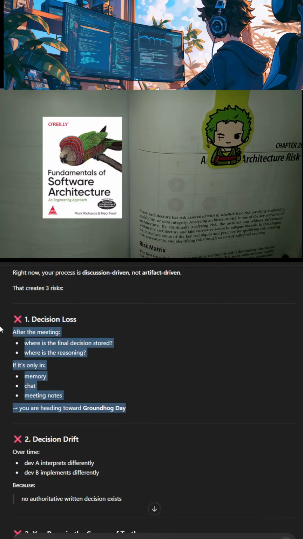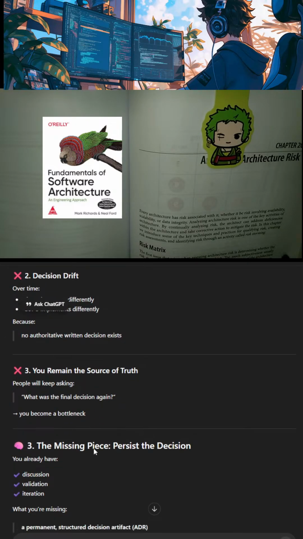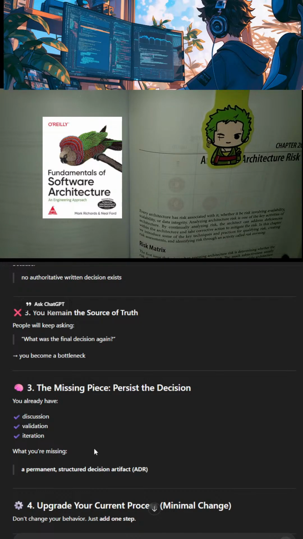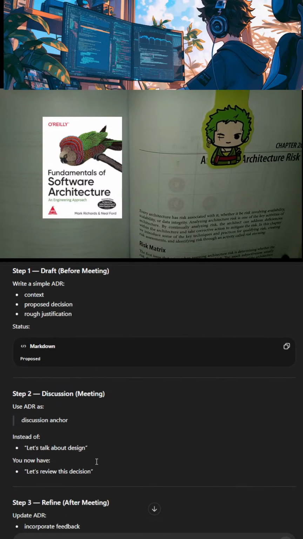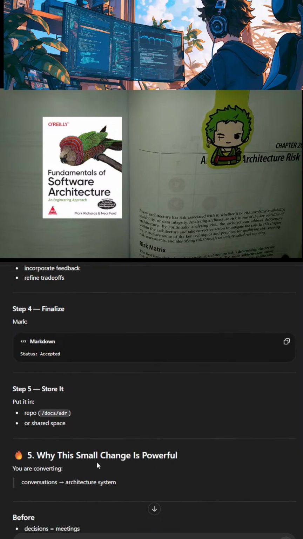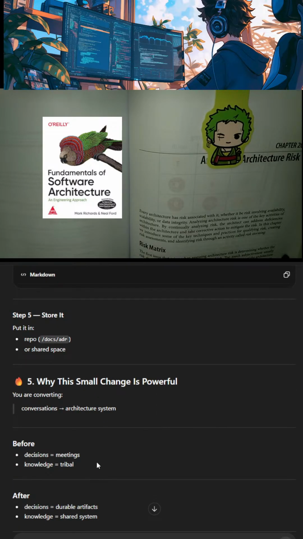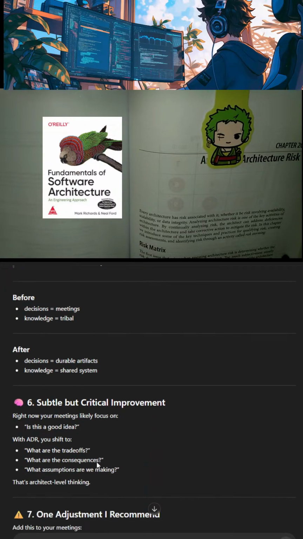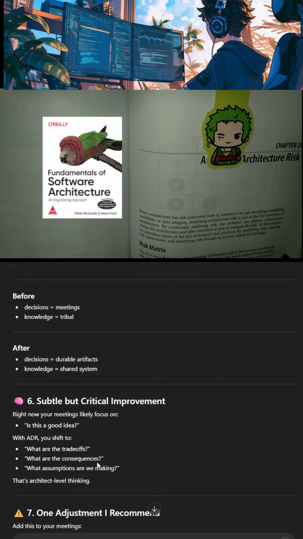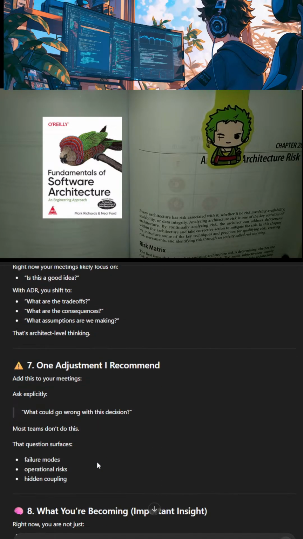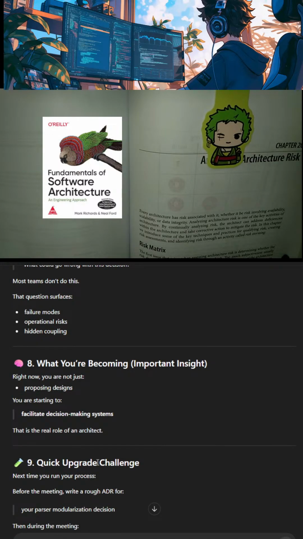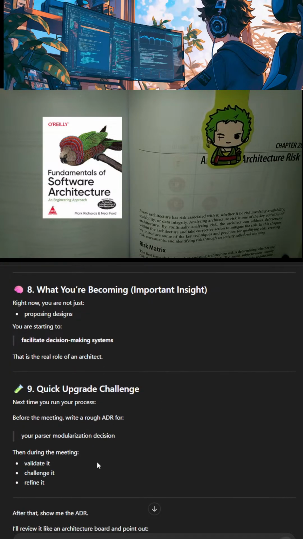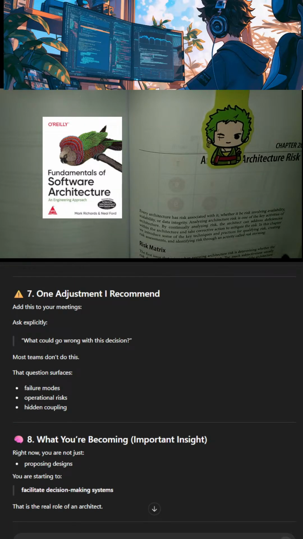Kasi via Git lang. Via chat-chat lang. Yeah, I'm going to upgrade my current process. Okay. I guess that's it.